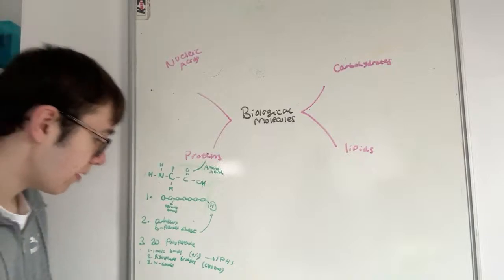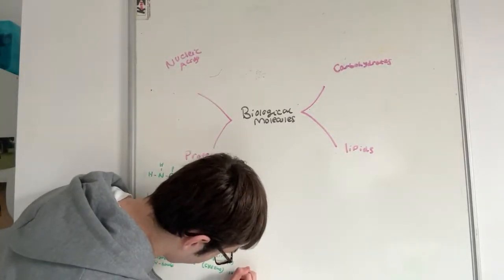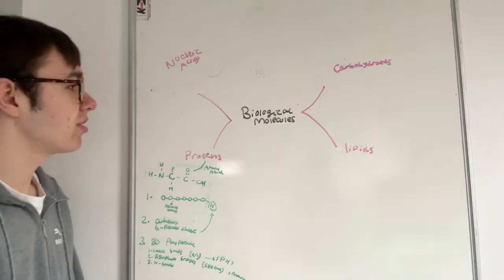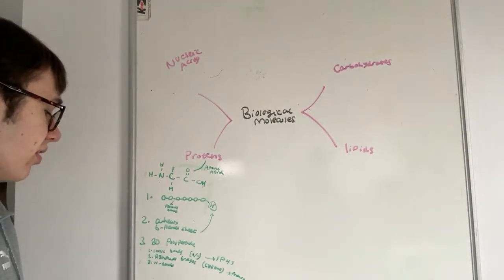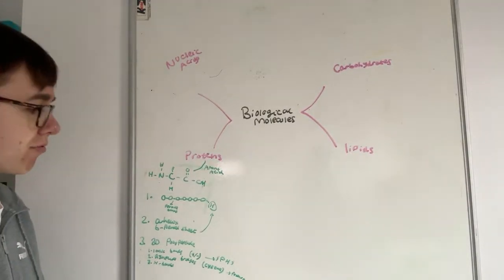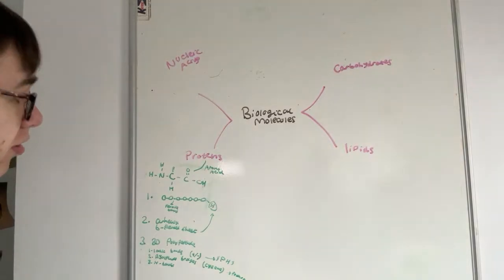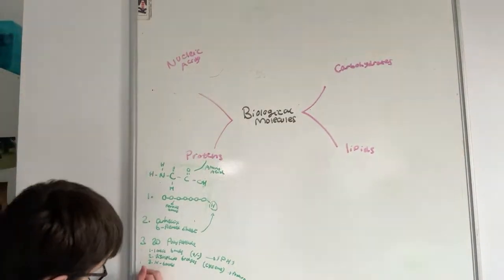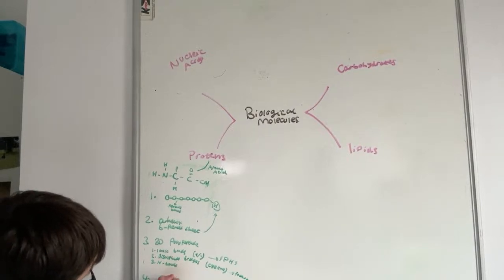Okay, that might be an important part to put down then, folding. And I guess that's why when an enzyme is denatured, that's because the disulfide bridges are broken, which changes its structure. That's interesting then. And then the quaternary structure is just multiple different polypeptide chains joined together.